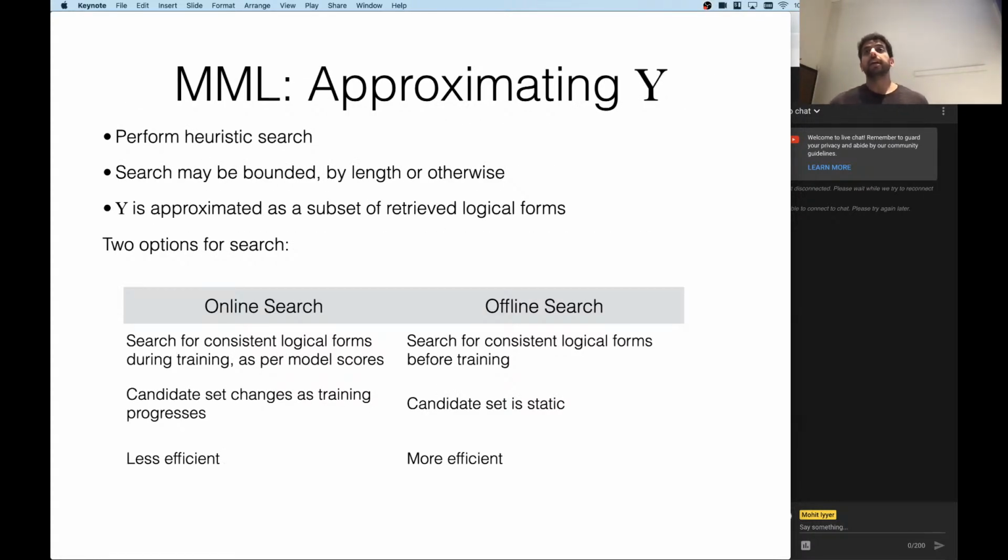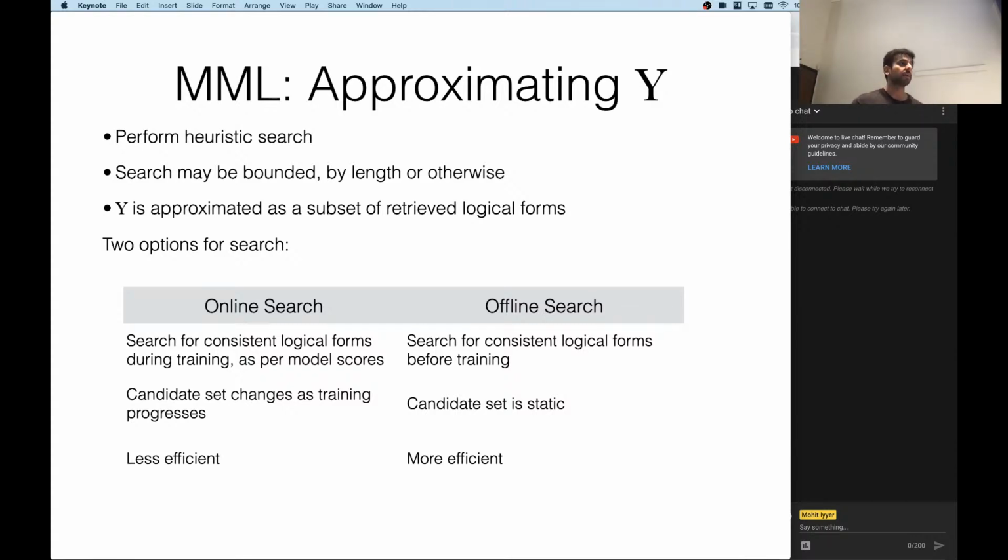Okay, so in all of these settings, the important part is how do you approximate this big Y, the set of logical forms that execute to Z. So there are two general types of methods that are used for this process. There's online search and offline search. So in online search, you are updating the set of logical forms during training.